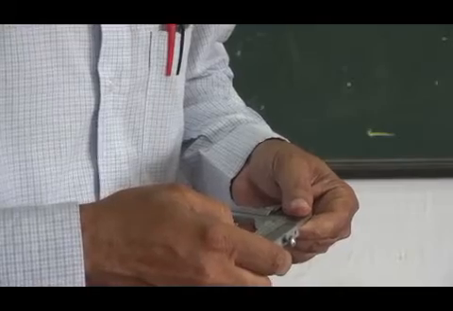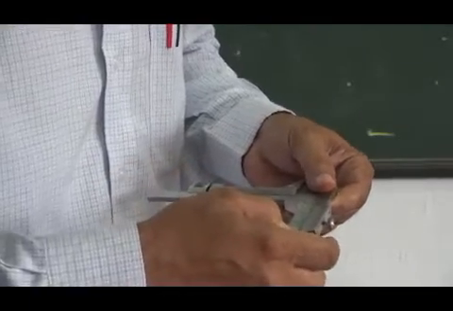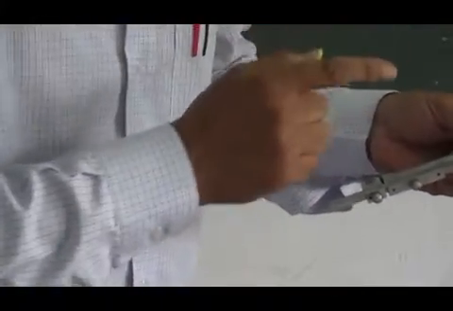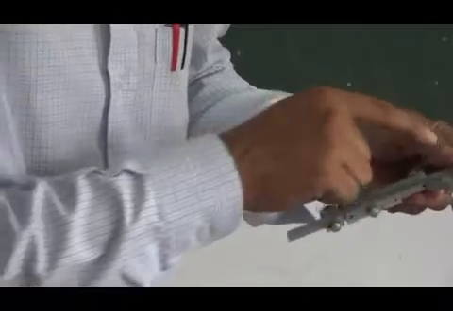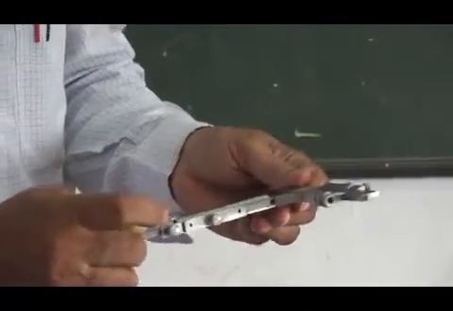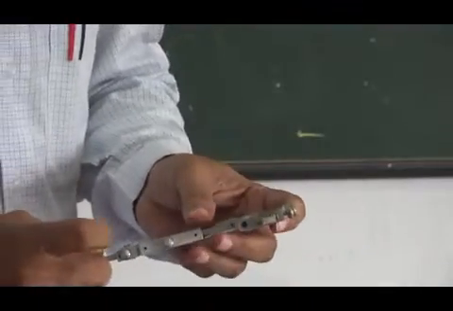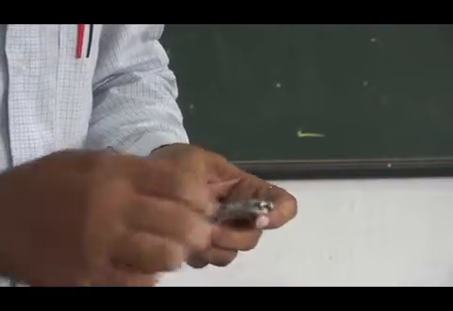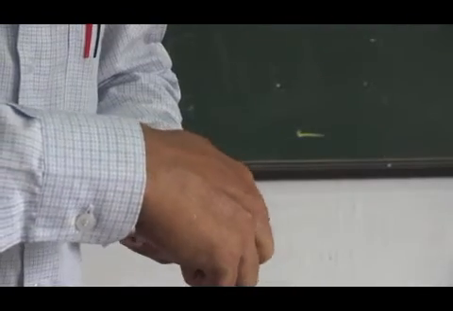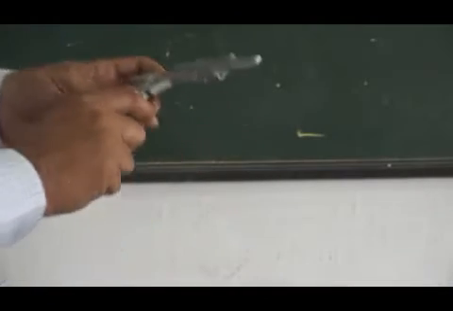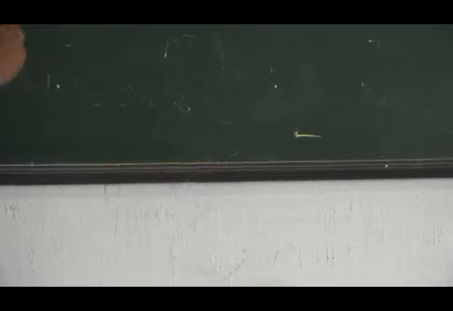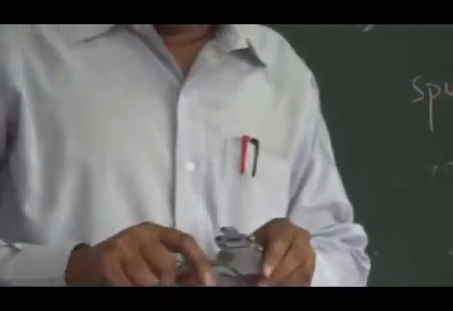With fine adjustment, the 31st division lies with a main scale division. Now lock this reading. This is how we adjust the vertical vernier to the 1.62 millimeter reading.